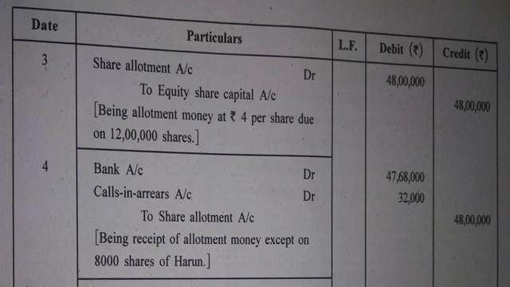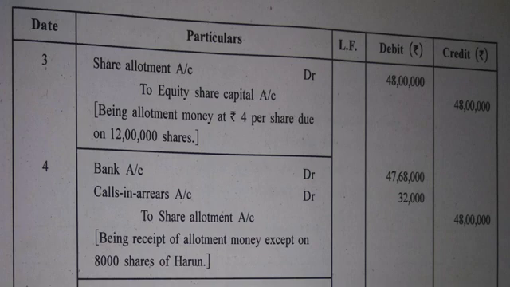Yes? Now there is a shareholder, Harun, having 8,000 equity shares and fails to pay allotment money and final call. Yes? So obviously this is a concept of call in arrears. So the next journal entry is for receipt of allotment money, in which we are also going to highlight call in arrears.